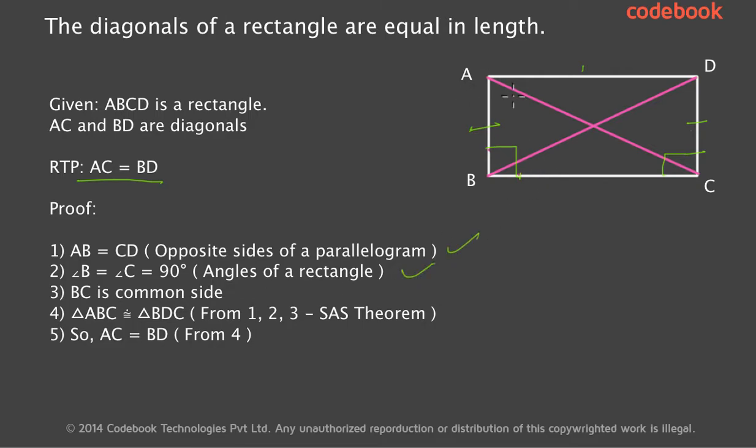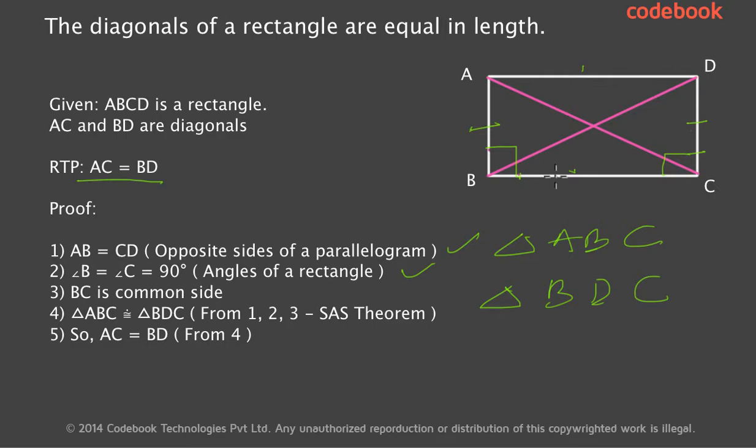And BC is the common side for the two triangles, triangle ABC and triangle BDC. BC is the common side, and AB and CD are corresponding sides of those two triangles. They are equal, and BC is the common side. So what we have is the two triangles are congruent based on the side angle side theorem.